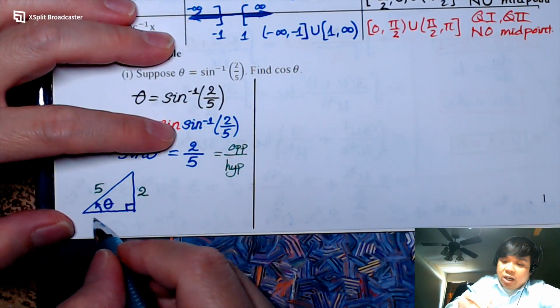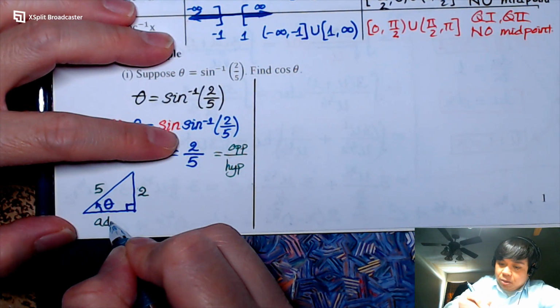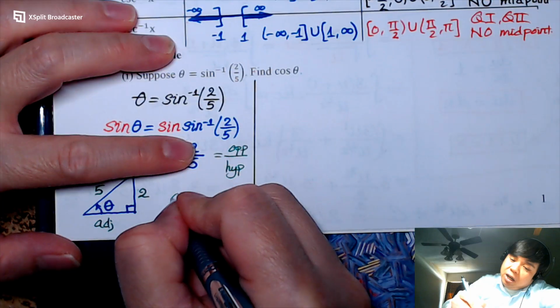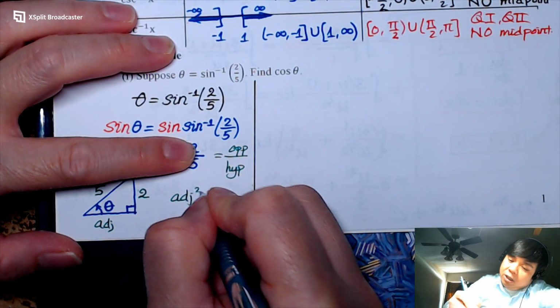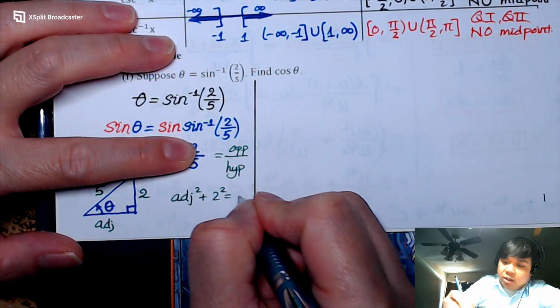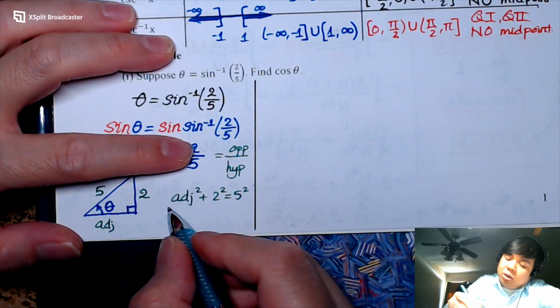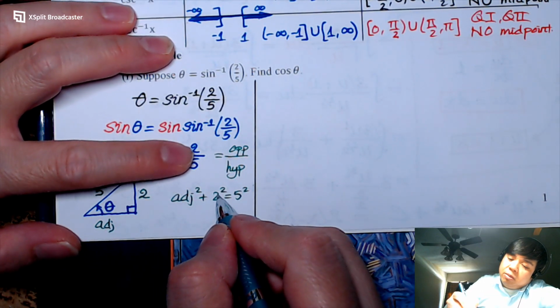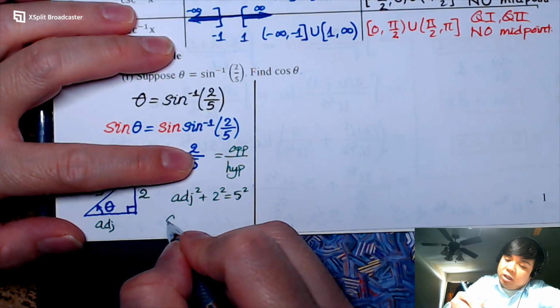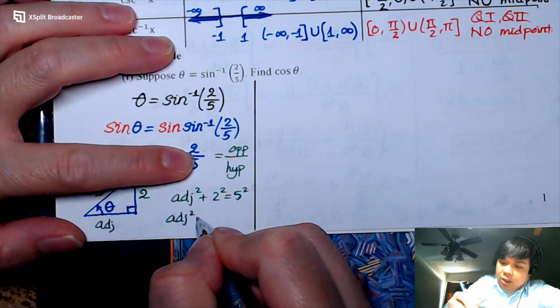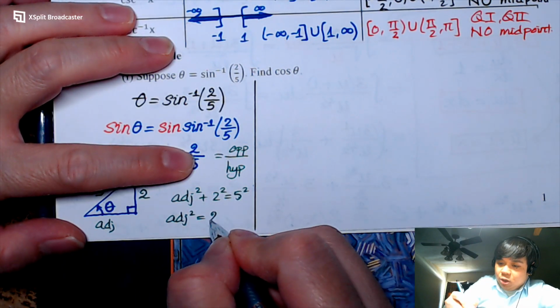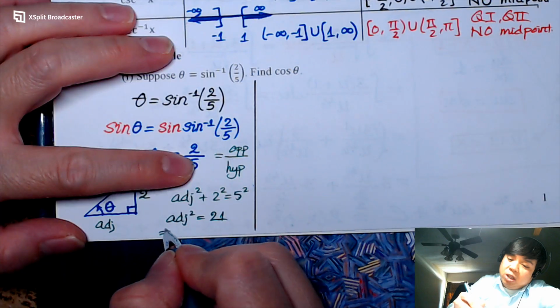With that, we can solve for the adjacent using the Pythagorean theorem. Adjacent square plus 2 square is 5 square. So adjacent square is 25 minus 4, which is 21, and adjacent will be square root of 21.